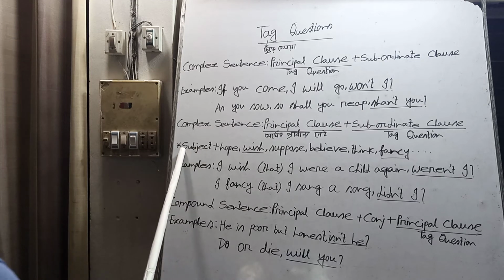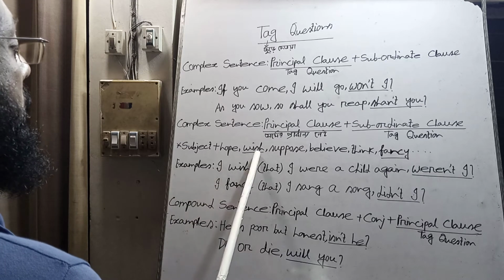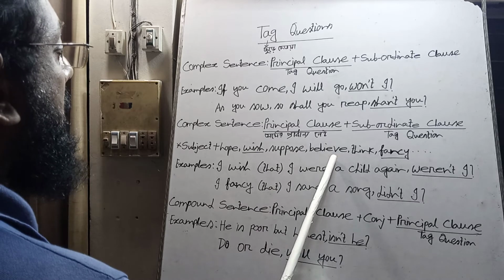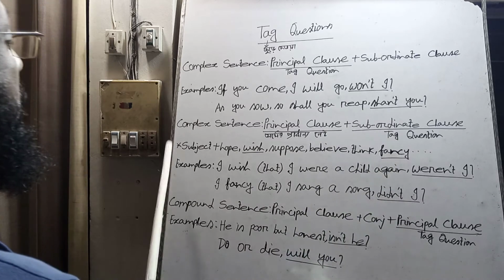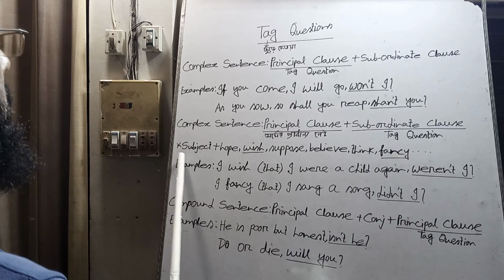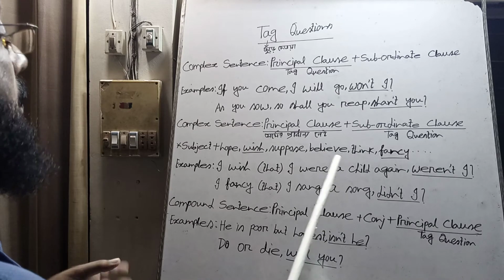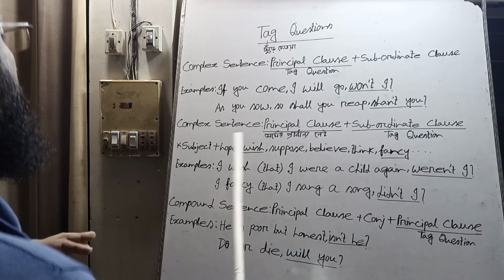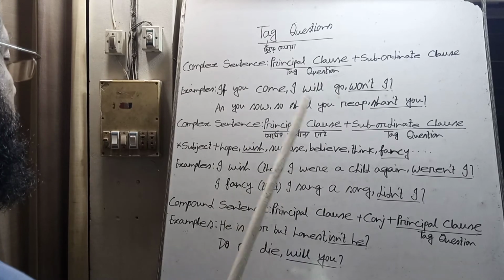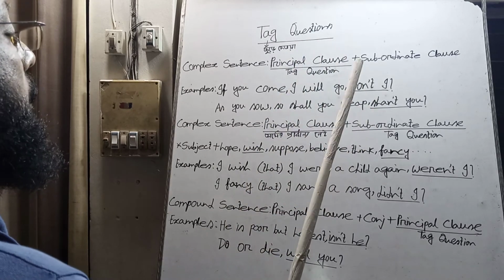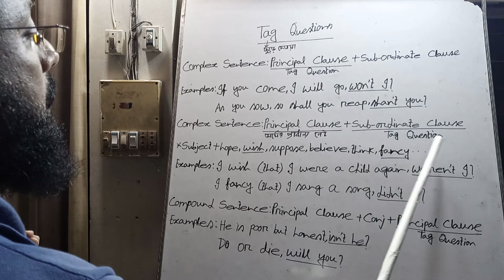Please look at subject plus hope, or wish, or suppose, or believe, or think, or fancy. If we find this construction, this principal clause has no importance in meaning, so we will make a question of the subordinate clause.